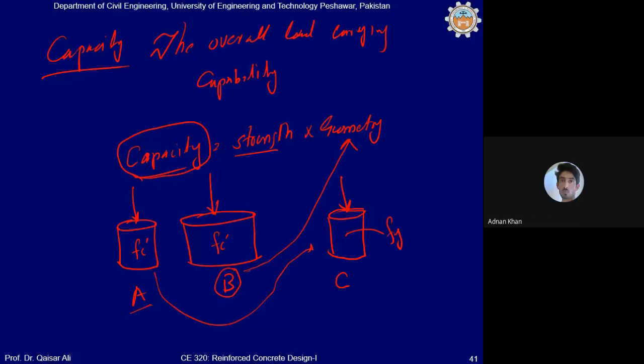C. Why? Because now the strength of sample C is more. The geometry remains the same, but since the strength of sample C is greater than the strength of sample A, the overall load carrying capability or the capacity of sample C will be increased.